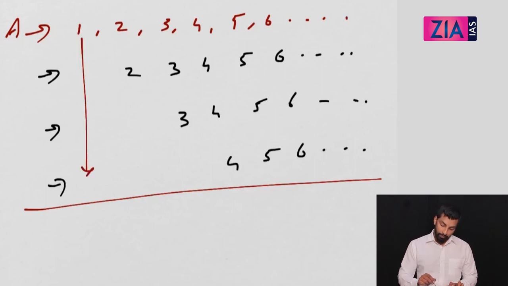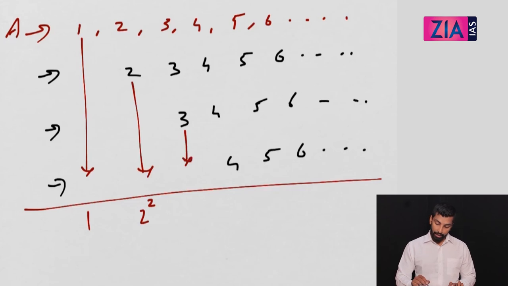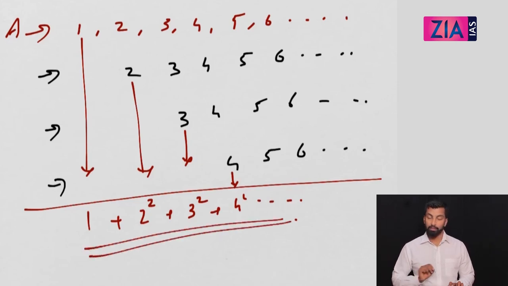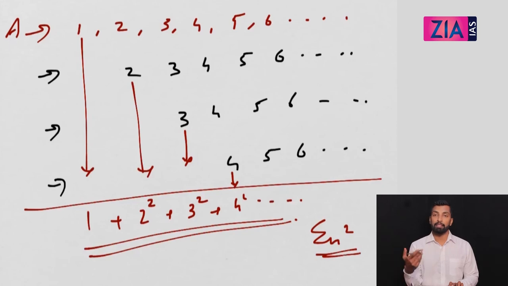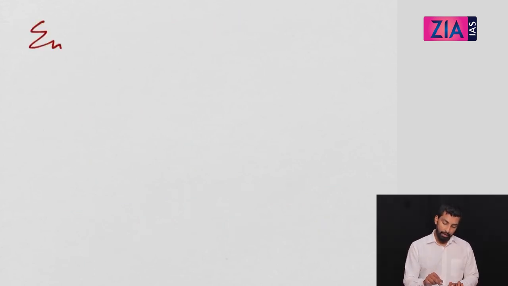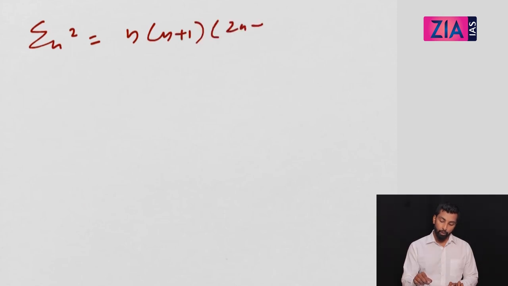This is actually 1, this is 2 square, this is 3 square, this is 4 square. So this is actually sum of squares, and you need to find sigma n square. We will discuss similar questions when we solve the questions. I am just discussing the concept now. So sigma n square is equal to n into n plus 1 into 2n plus 1 divided by 6.